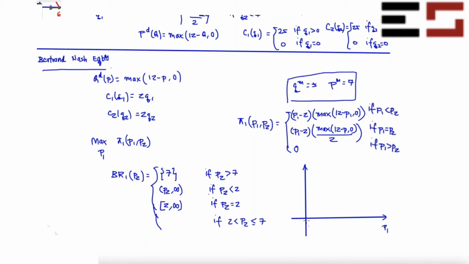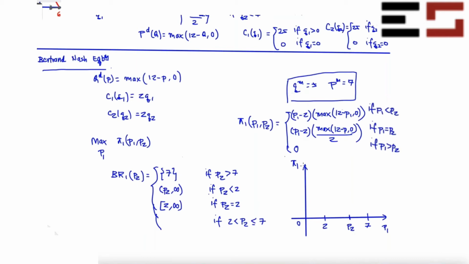So you are choosing P1, and your objective should be on the vertical axis. Okay, and this is fixed. So this is 2, this is 7, and this is P2 somewhere here. So P2 is also fixed, right?